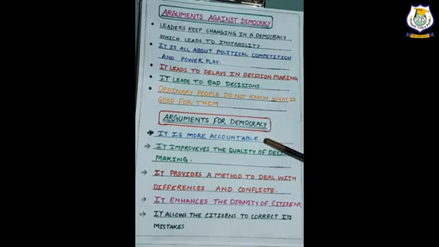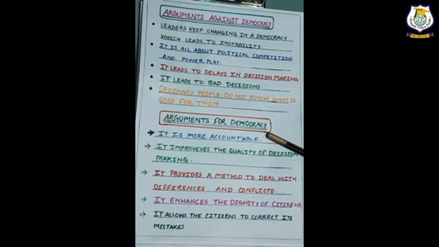Now our next topic is arguments for democracy. It means what are the merits which exist within democracy, or why democracy is more favorable. The very first argument is that it is more accountable, as democracy is made with the participation of people, so it is accountable to the people.